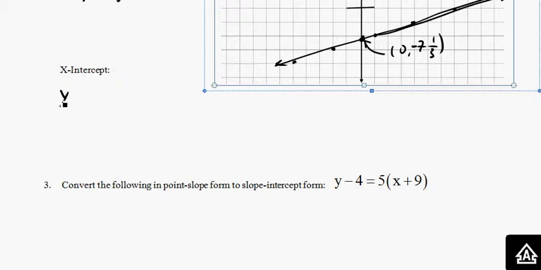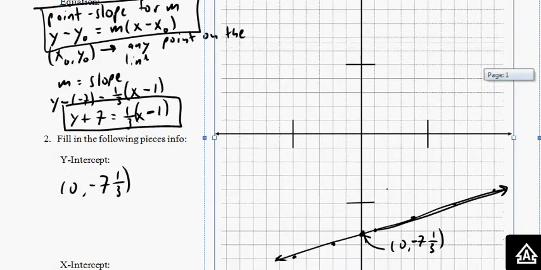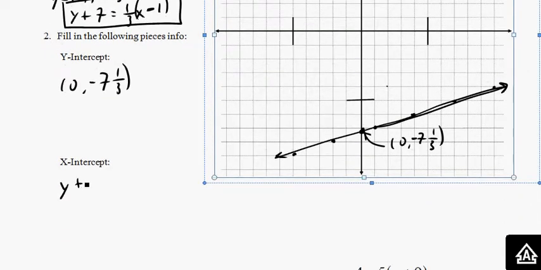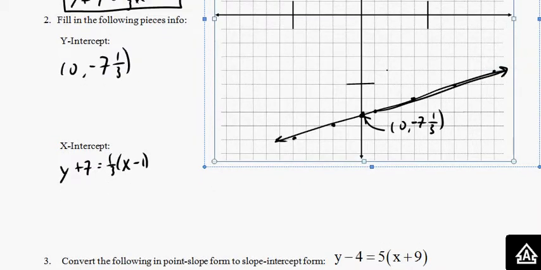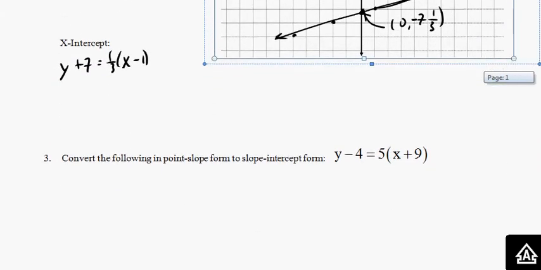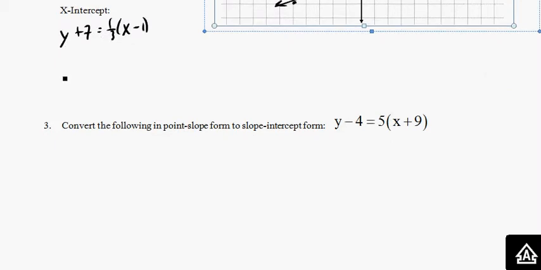is y plus 7 equals 1/3 times x minus 1. And we know that all points on the x-axis have a y-coordinate of 0. So, if I substitute 0 for y and solve for x, I will find the x-intercept.